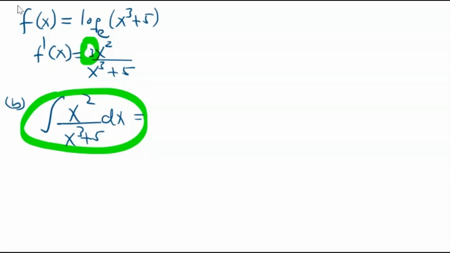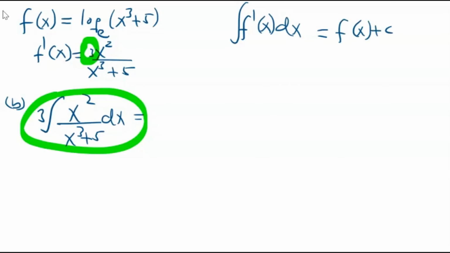Our definition says that if you integrate f prime x, it gives you f of x plus c, which is the constant. So now we take that 3 out, since it's the only difference, and that is exactly the same as the function we started with, which was f of x, plus c.